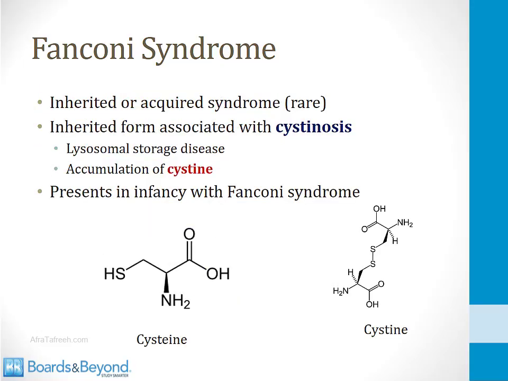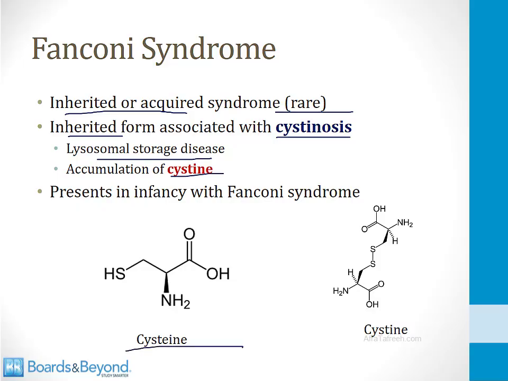Fanconi syndrome can be inherited or acquired, and as I told you before, in general, it's rare. The inherited form, which presents in infancy, is associated with cystinosis. This is a very rare lysosomal storage disease where babies cannot break down cystine and therefore it accumulates in their cells. If you look at the bottom of the screen, this is the amino acid cysteine.